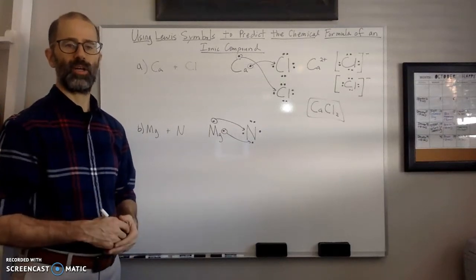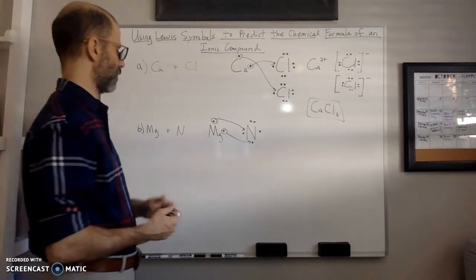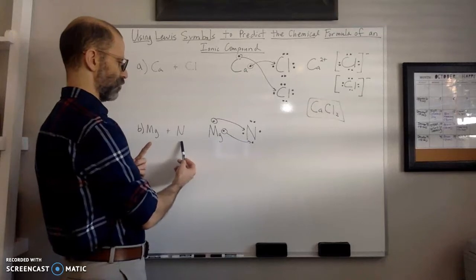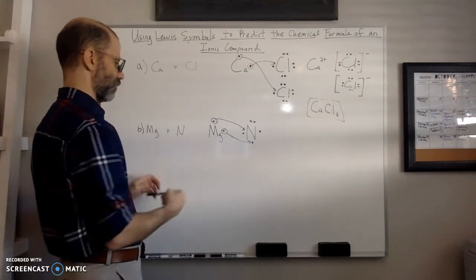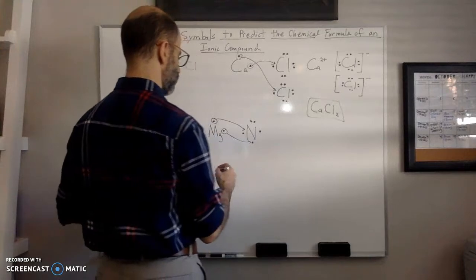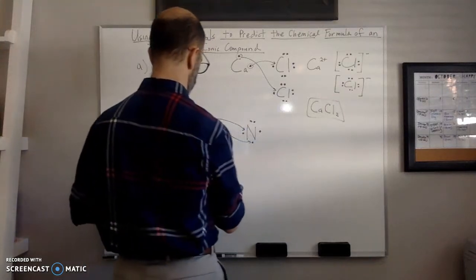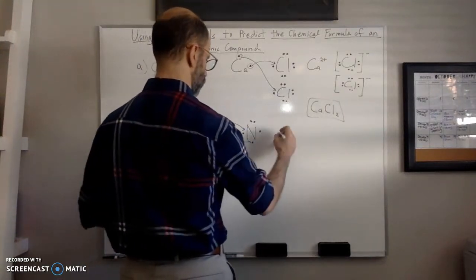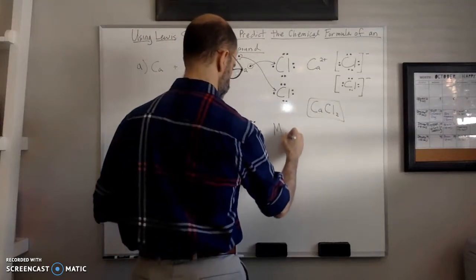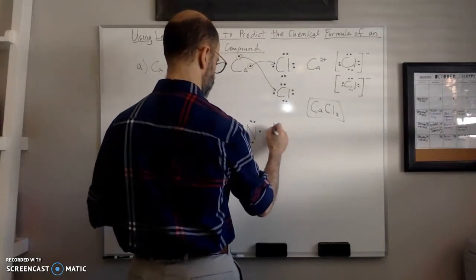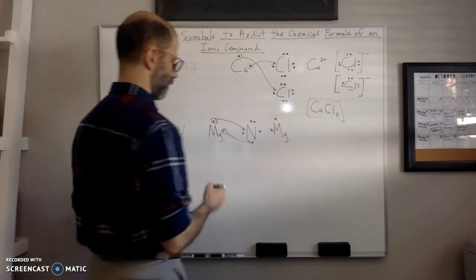So we need another magnesium, right? Because we only have magnesium and nitrogen, and it's not going to take an electron from another nitrogen. So we're going to put in another magnesium. So let's put it here. So we got magnesium like that.